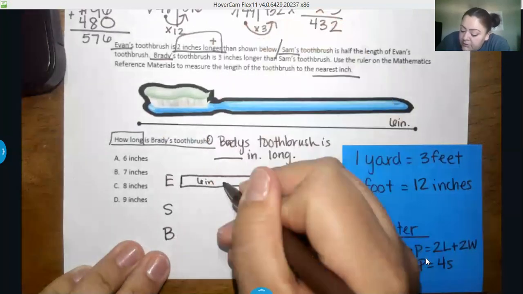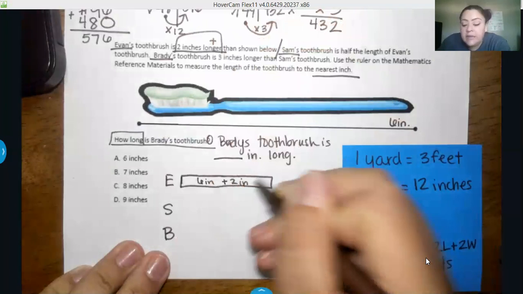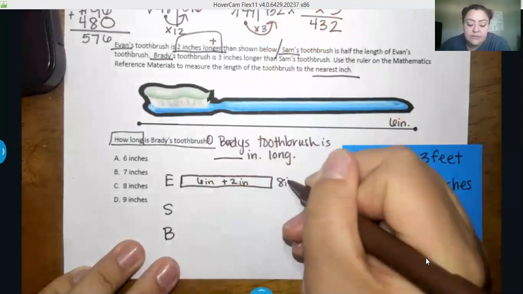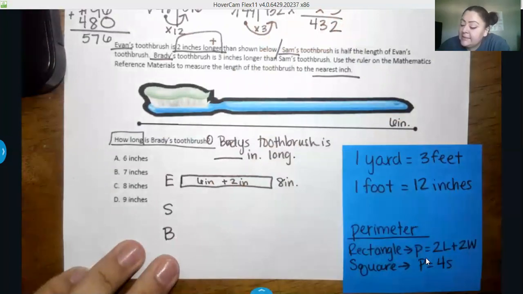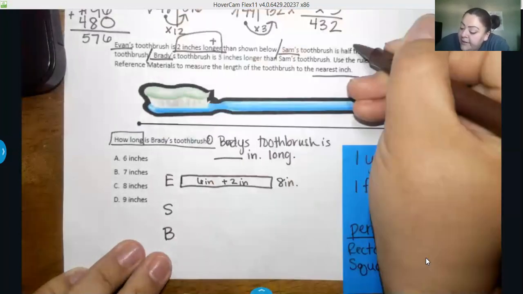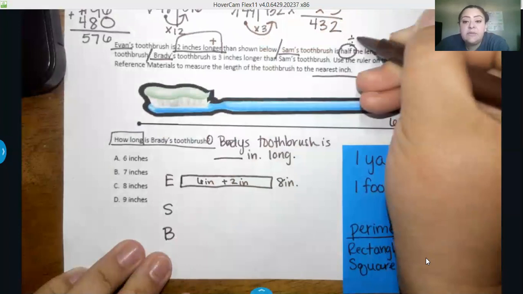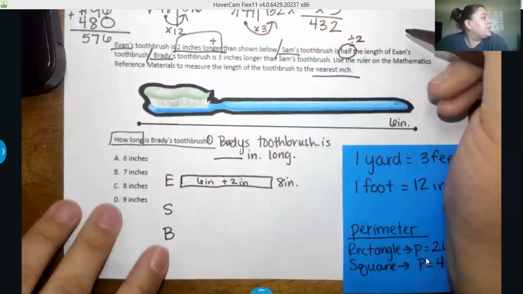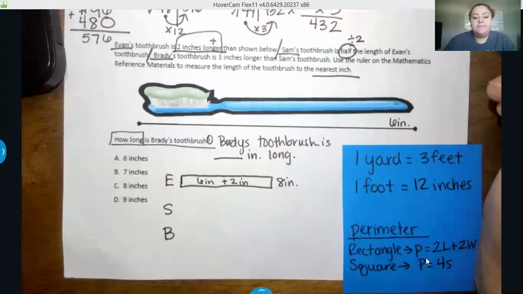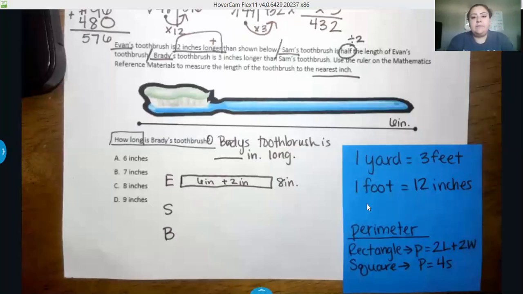So plus 2 inches, okay, which is going to equal in total 8 inches. Beautiful. Sam's toothbrush is half the length of Evan's toothbrush. Half the length. That means I'm going to be dividing by 2. We want to make sure we're circling those words on there to know that, okay? Half of that. All right.